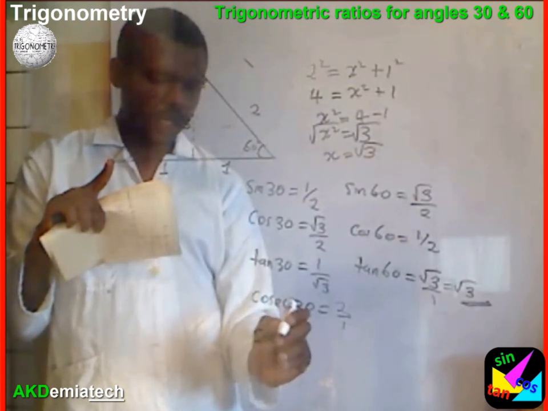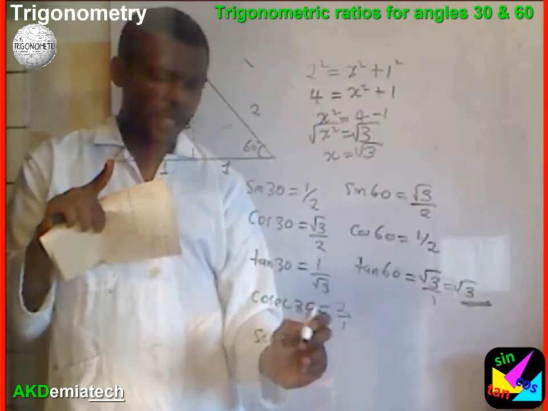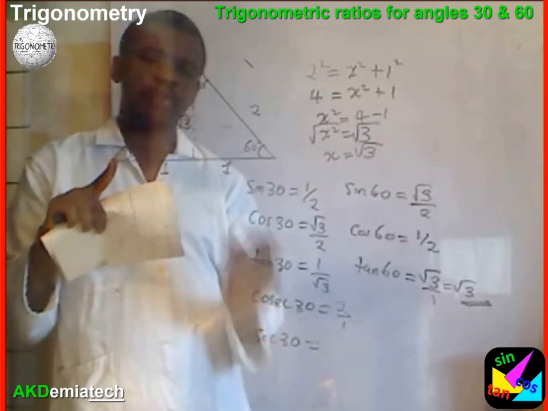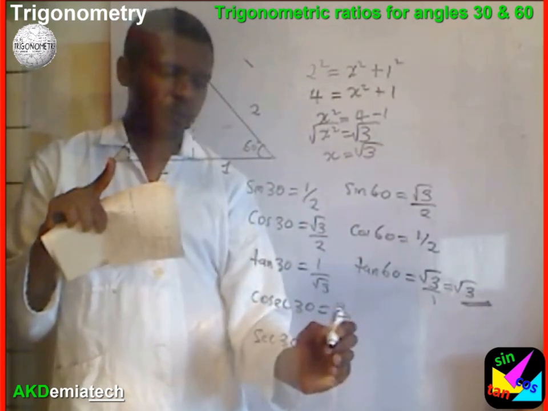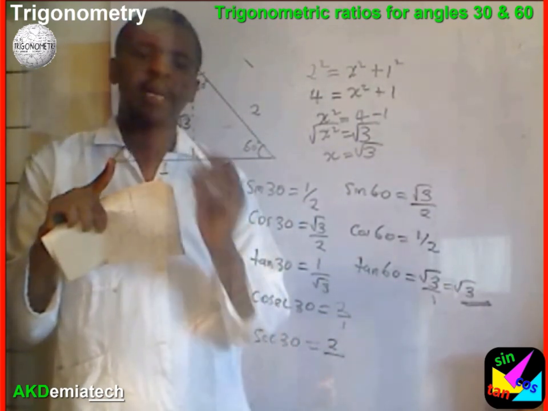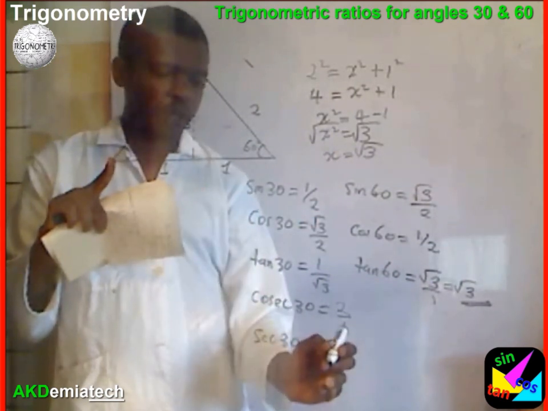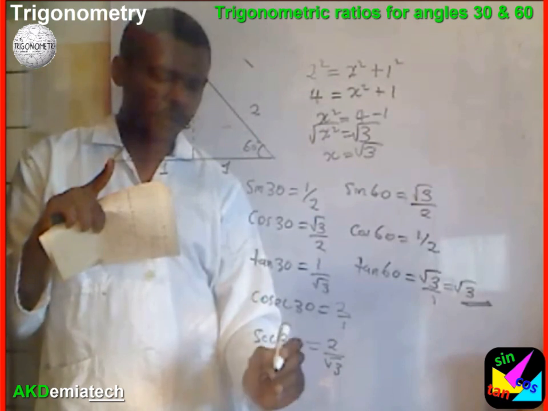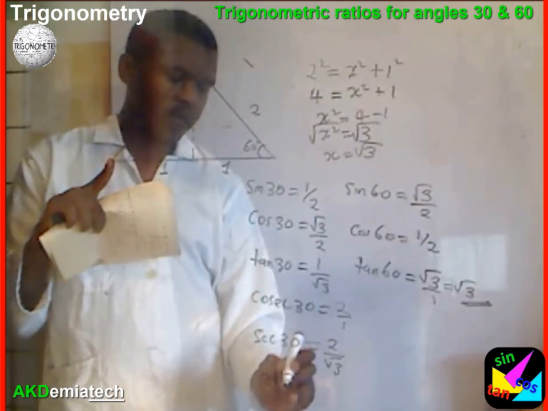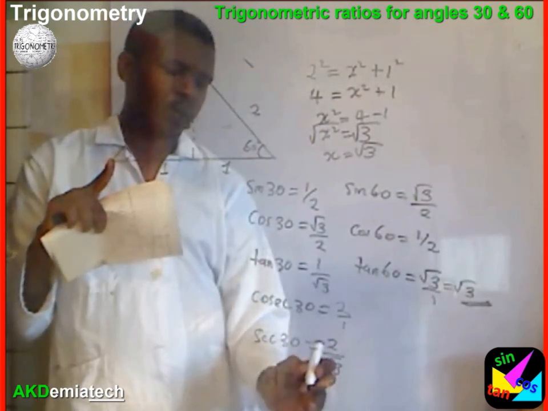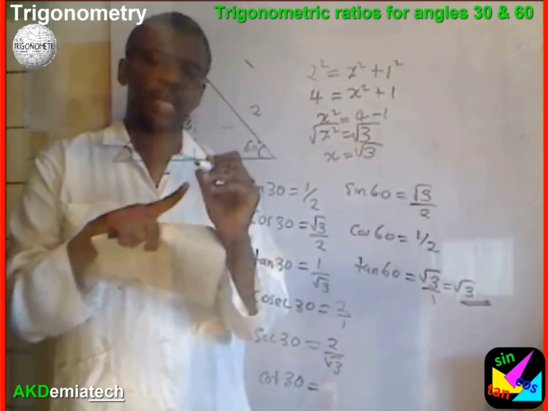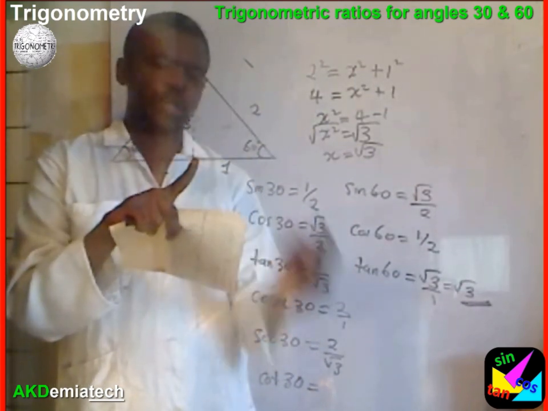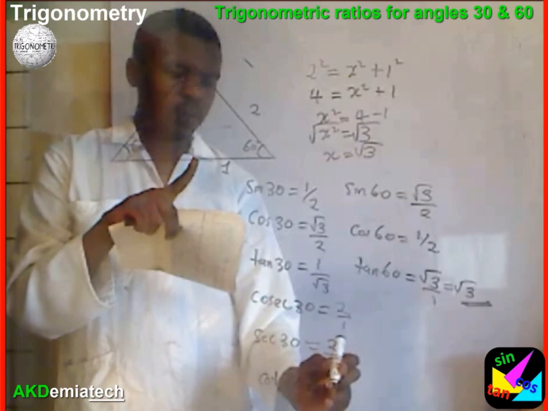Sec 30 is equals to hypotenuse 2 all over adjacent root 3. Cot 30 is equals to adjacent all over opposite, so this is root 3 all over 1.